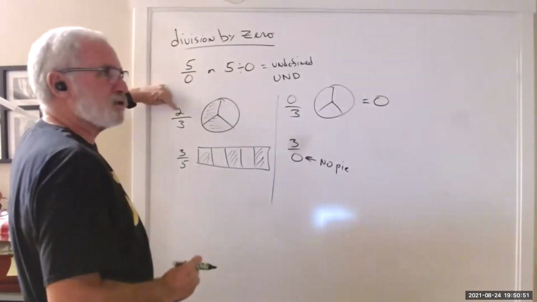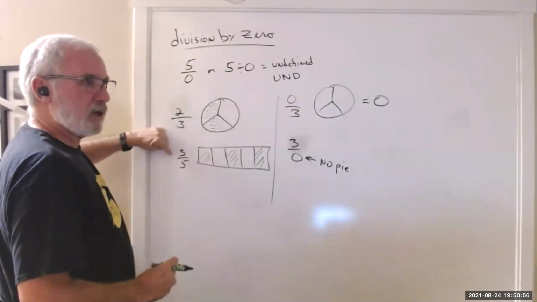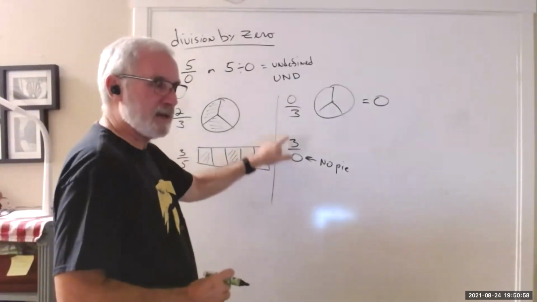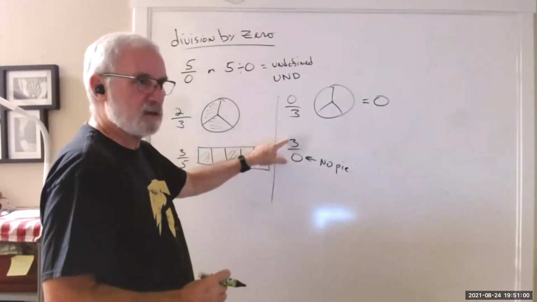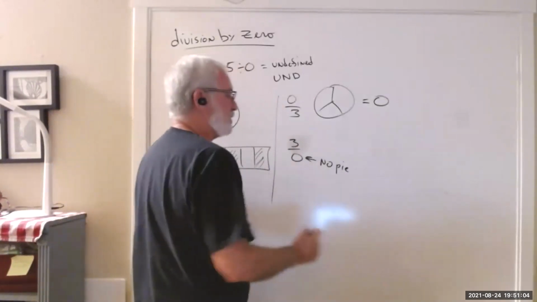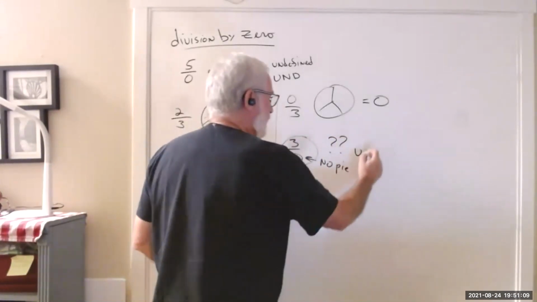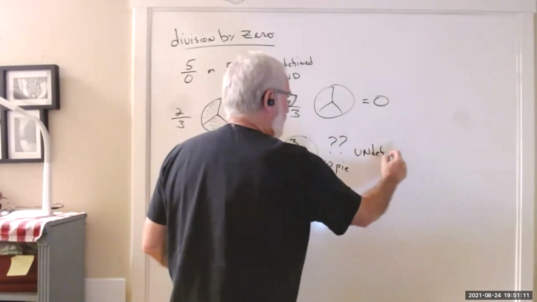I got to eat 2 pieces over here, 3 pieces over here. But this says I have no pie, but I ate 3 pieces of it. Sounds like an LSD trip to me. This is impossible. This doesn't make sense. So in this case, the correct answer is to write the word out: undefined.